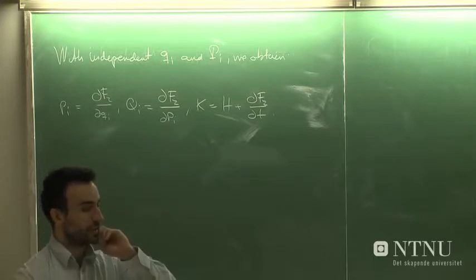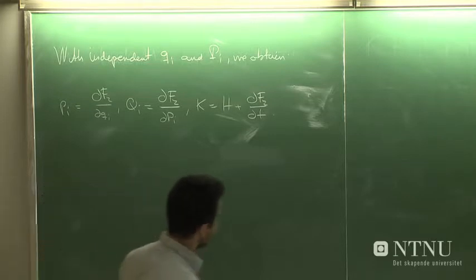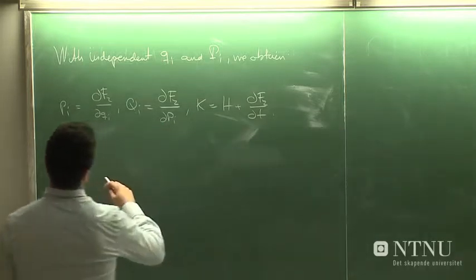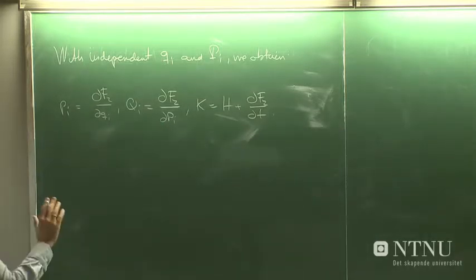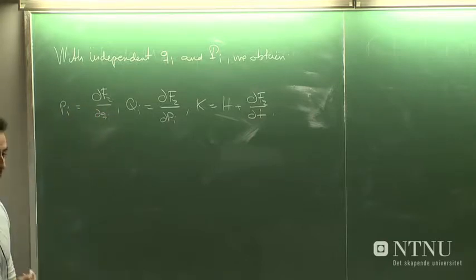So the following should do the trick in order to equate the left hand and the right hand side. So for a set of transformations that looks like this, f2 is the generating function.